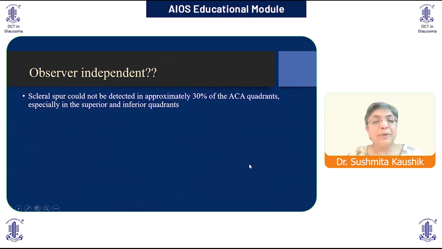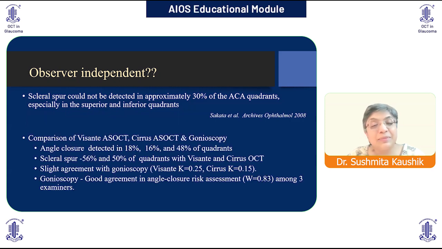So, is it observer independent? Now, in one study, the scleral spur couldn't be detected in 30% of the anterior chamber angle quadrants, especially in the superior and inferior quadrants. So if you can't detect the scleral spur, you cannot get quantitative estimations. There was one interesting study where there was comparison of Visante, Cirrus, and gonioscopy.